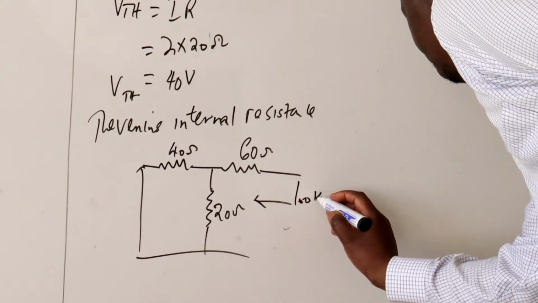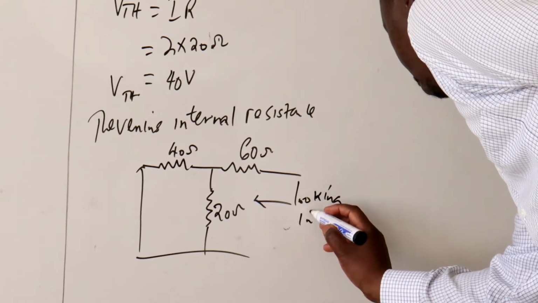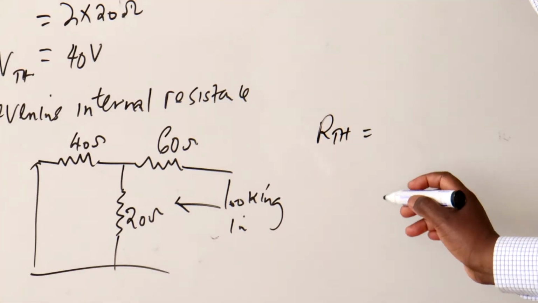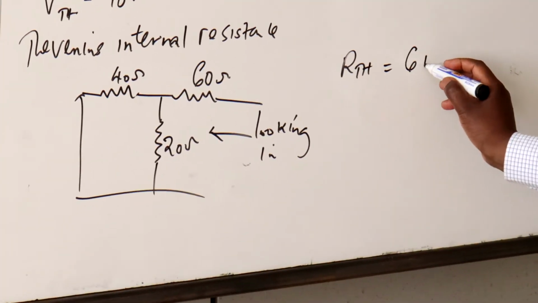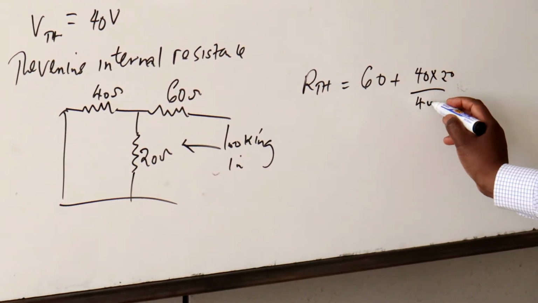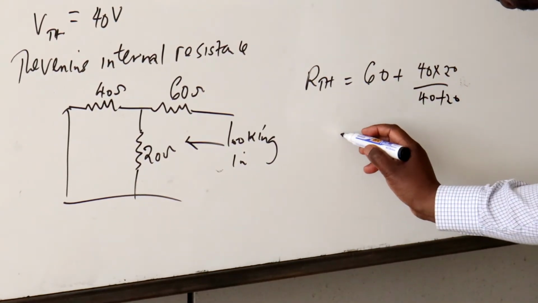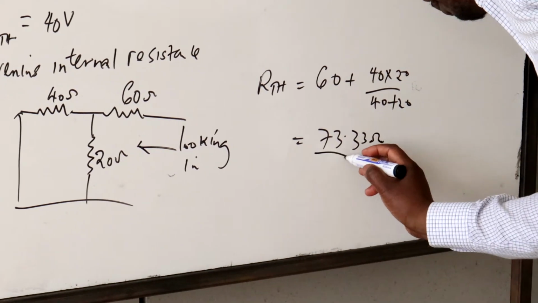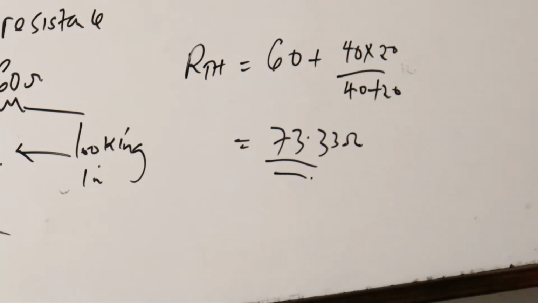Looking in, we have RTH equal to 60 plus 40 times 20 over 40 plus 20, which gives us 73.33 ohms. So that's the Thevenin's internal resistance.